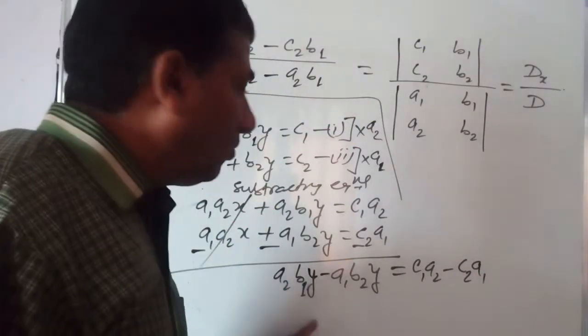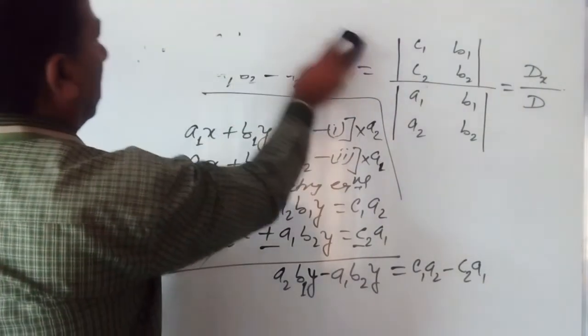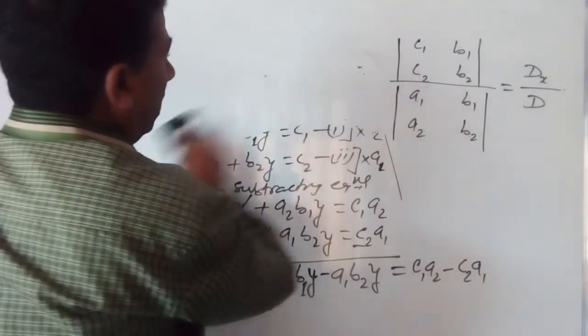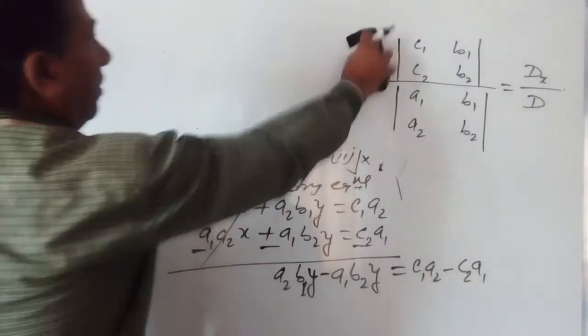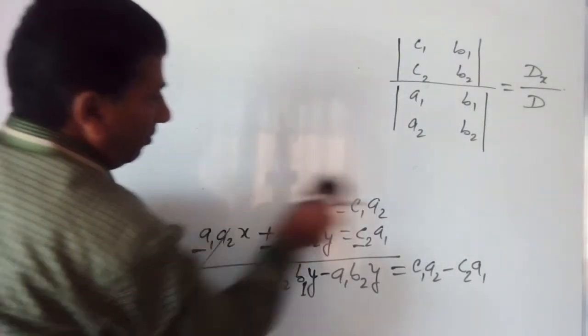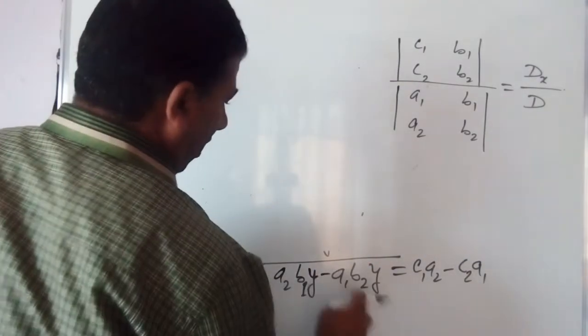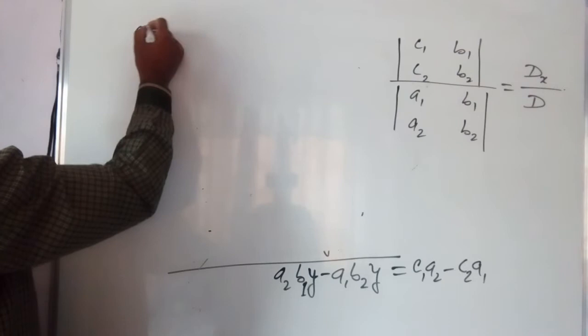Now again we'll take y common. Remember, the same process, the elimination method, we are doing repeatedly. Now we found y.